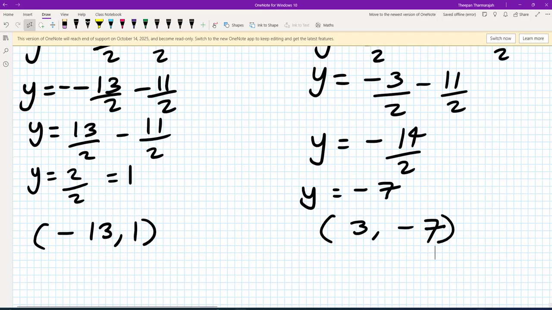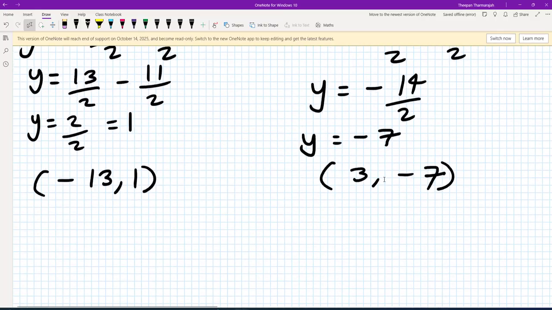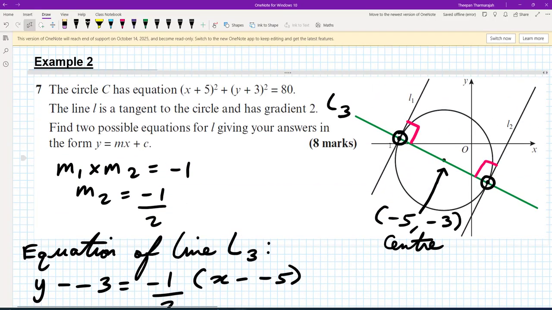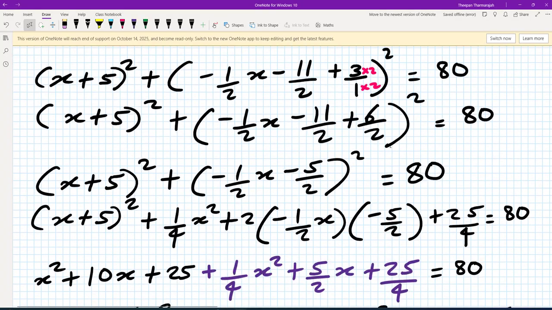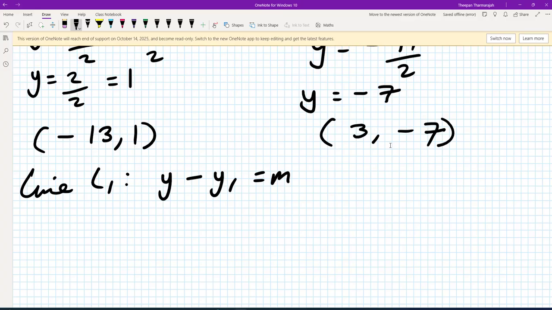So now, going back to the question, we know that the gradients of L1 and L2 are 2, so we can now form our equations. Let's work out L1 first, and that's going to be the equation that has a negative x coordinate. So line L1 is y minus y1 equals m times x minus x1.